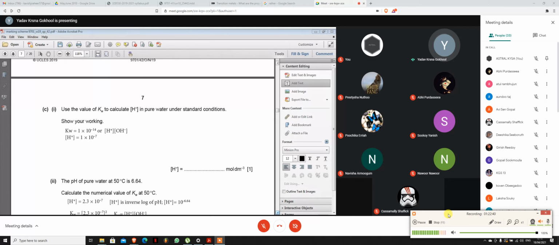We all know Kw is the concentration of H plus times OH minus, so you can find out H plus. Here the concentration of H plus is equal to the concentration of OH minus, so it is going to become a square. If I'm just going to work it out a bit, one sec.